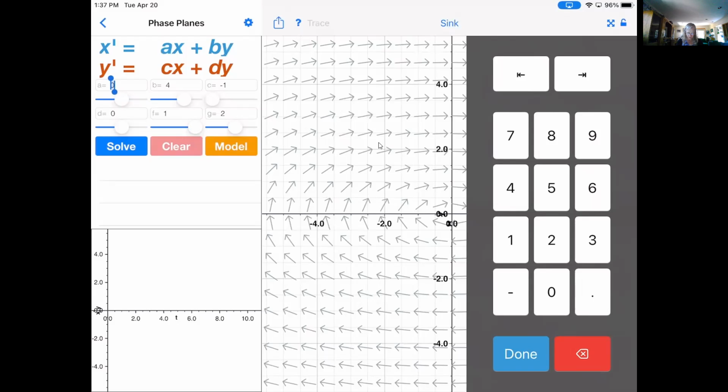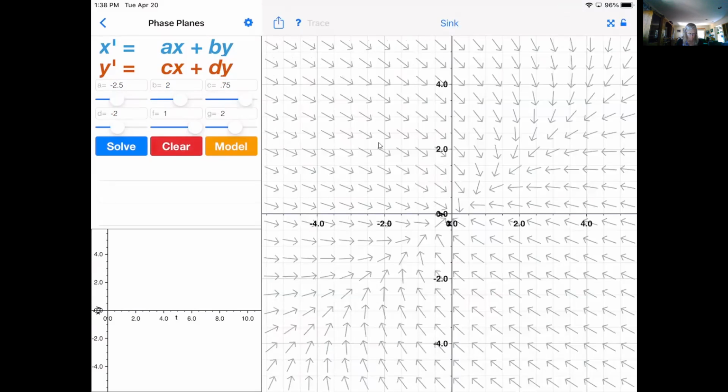So I'm going to type in -5/2 for my x coefficient. That would be -2.5. And then my y has a coefficient of 2. My next equation was 3/4, which is 0.75. And then the y there has a coefficient of -2. And this is what it looks like.